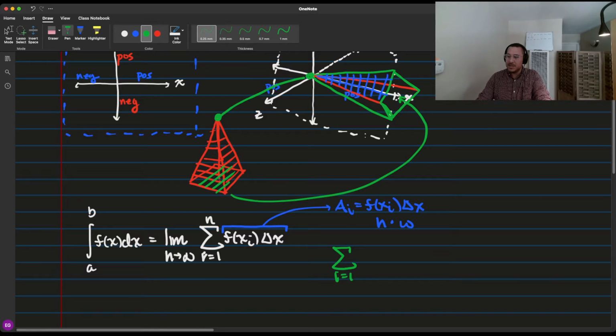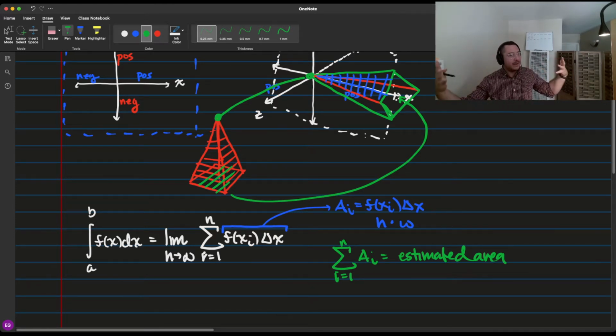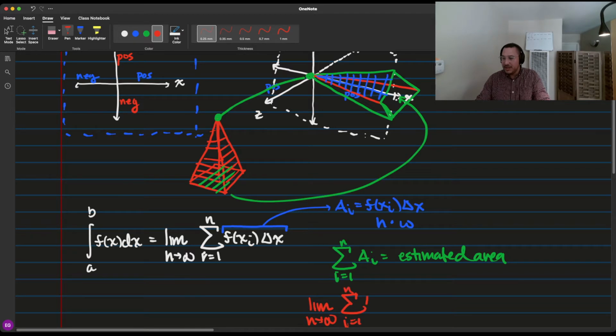The sigma notation just means that you're adding up a bunch of areas, so that becomes the estimated area. Right? Does it make sense? If f of xi times delta x is an area, sigma of that just means I'm adding up some areas. That's my estimated area. And then what do you finally do? Well, when you take the limit where the number of rectangles goes to infinity, really what that means is now that you have the actual area.